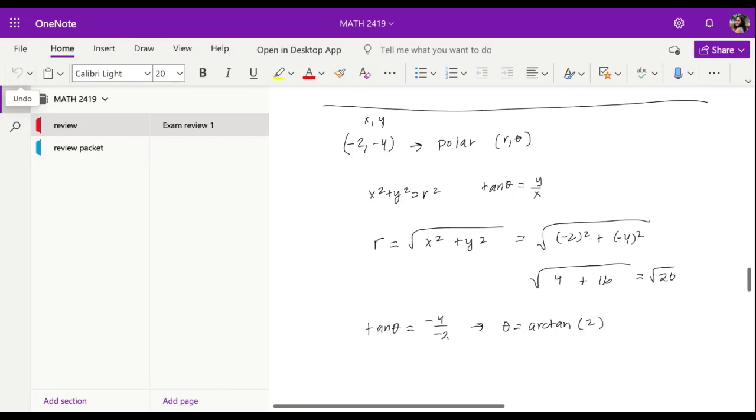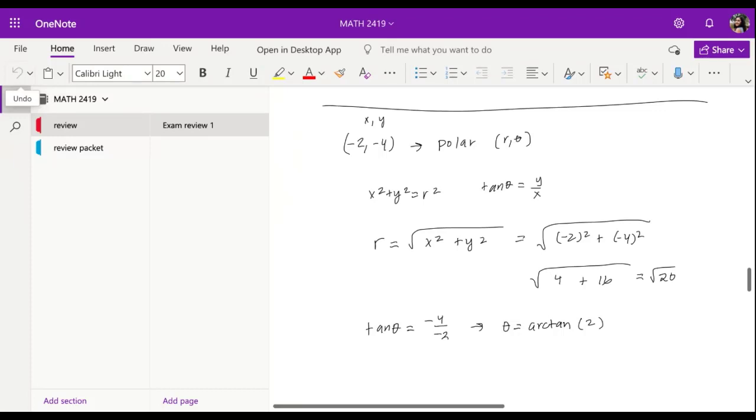You can do that by adding pi to it because the tangent values are the same across from each other on the unit circle. If we add pi to this theta value, we move from the first quadrant to the third quadrant.